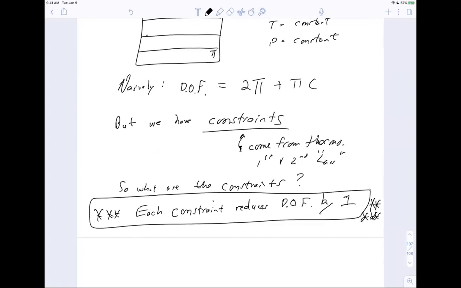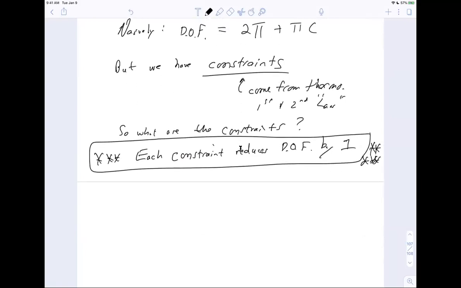So as you identify constraints, you count all of the constraints that you have, and there's a one-to-one mapping. For every constraint that you can find that's given by thermodynamics, i.e. the first and second laws, you're going to have to take away a degree of freedom. That's what thermo is going to do for us. So let's see what we can do.